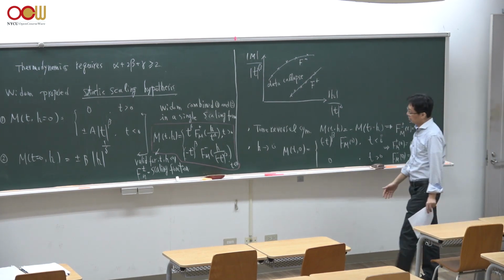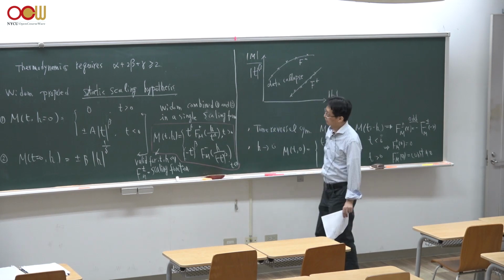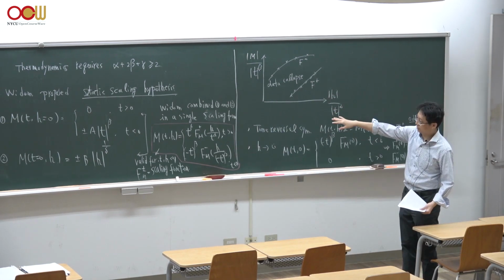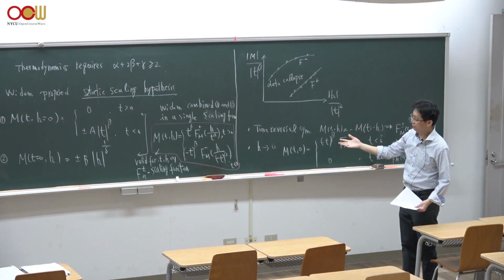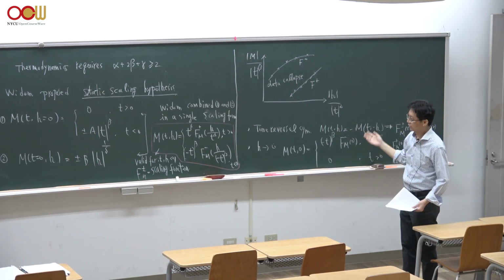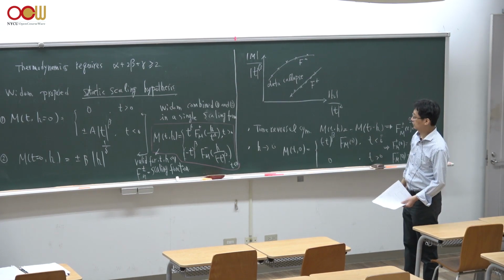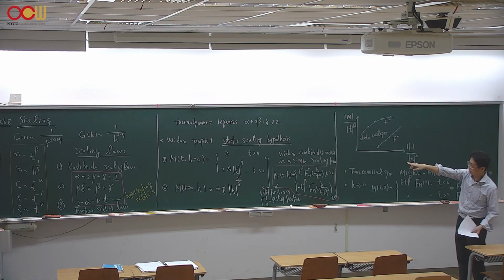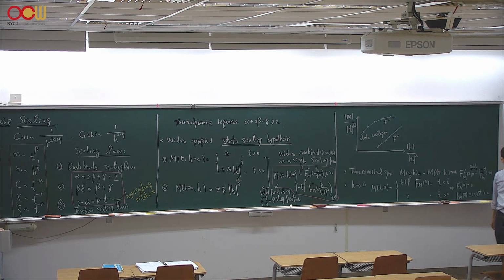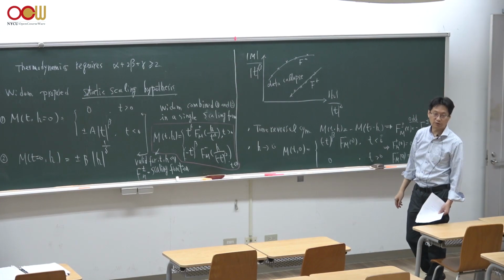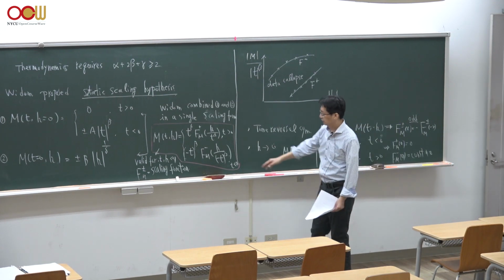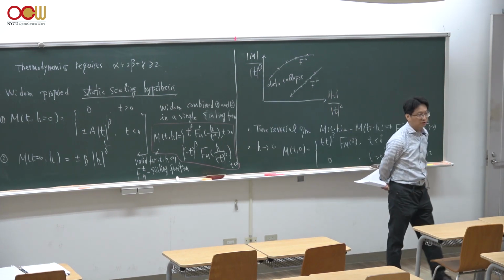So if I follow Widom's hypothesis, then I could use the thermodynamic relations. Actually, we can take the derivatives of m with respect to the field, get susceptibility, and so on and so forth, and we could relate all these exponents, beta, delta, alpha, gamma, and nu. So these relations are all derivable from Widom's scaling hypothesis. So this is a very important hypothesis in the field of phase transition.